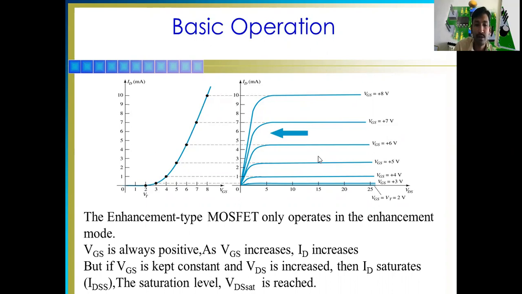So it is always VGS, the voltage across gate and source.